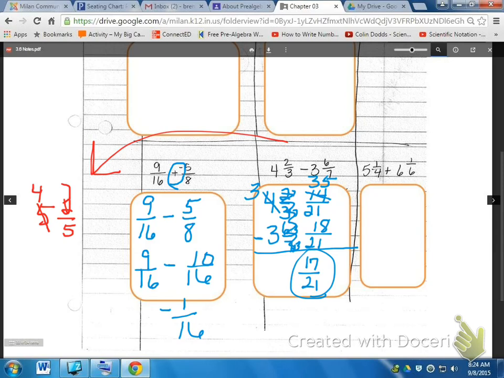I get it now. So let's say we had 6 and 3/8, and I wanted to subtract something, and it had more than 3/8 on the bottom. So you'd have to borrow from the 6 and make it a 5. What would the 3 become, Sienna? 11.